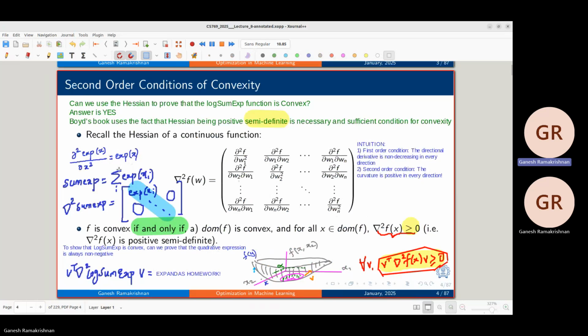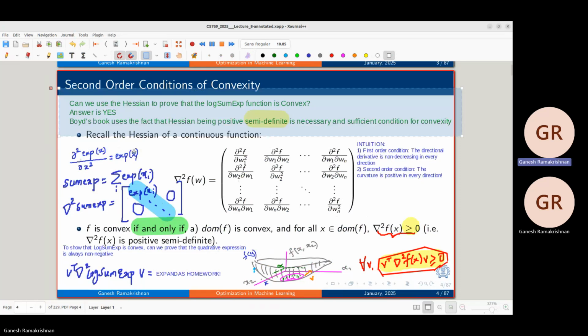What would you do if I were to ask you, right? So first of all, the Hessian you'll need to compute by doing composition of derivatives, right? Chain rule. So you'll look at the double derivative of sum exp. So sum exp will basically be a sum of the Hessians of the exps.